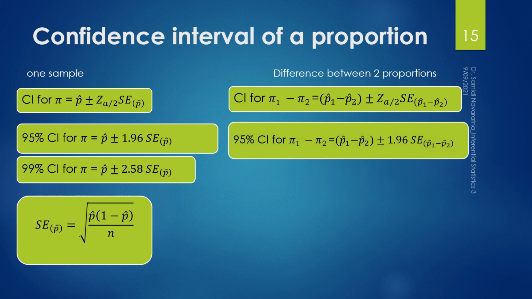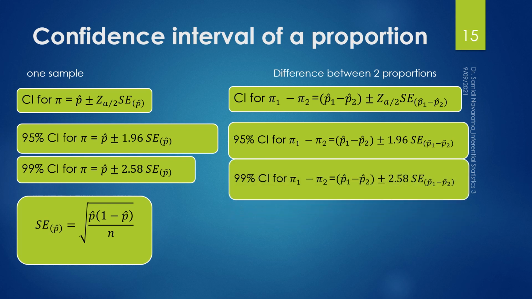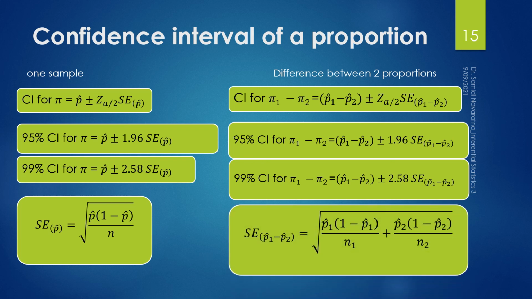Therefore, the 95% confidence interval for the difference between two population proportions is given by this formula, and for 99% confidence interval, this is the formula. And as you learned just now, the standard error for the difference between two proportions is given by this formula. So you need to substitute the result of this to this equation.